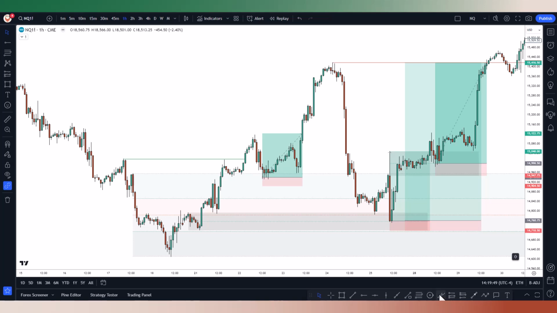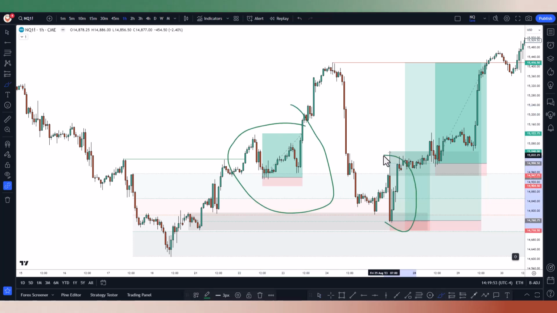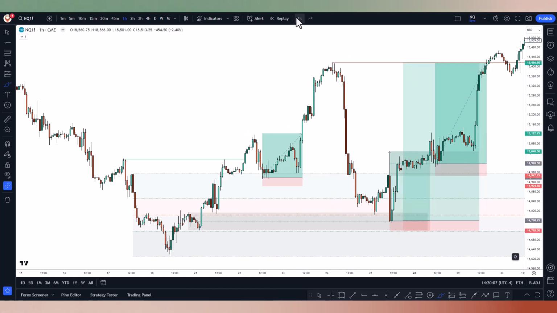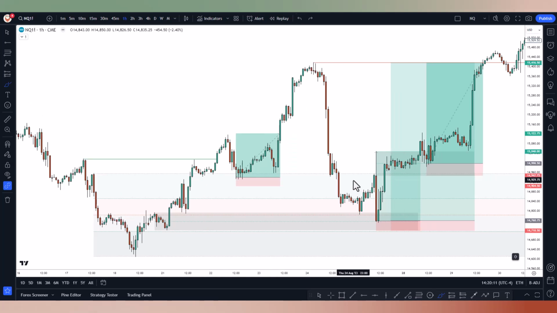You have the first scalp, you have the second one, and you have this, and you have also this. So this is the way you can trade this setup when we trade below the 70, below the 50.